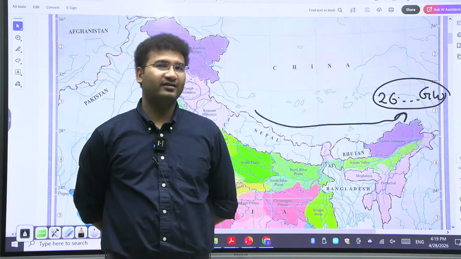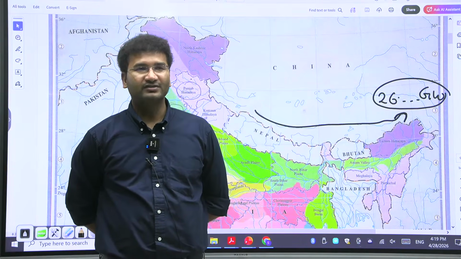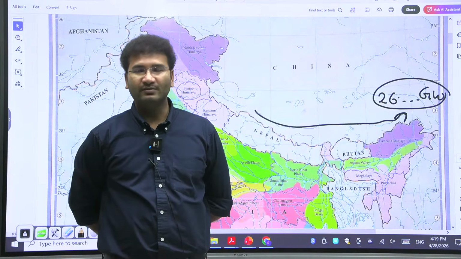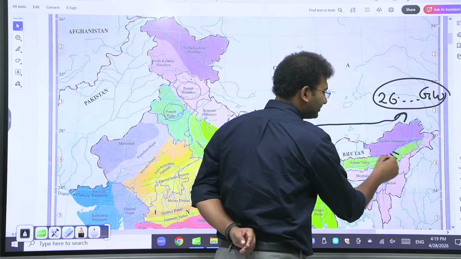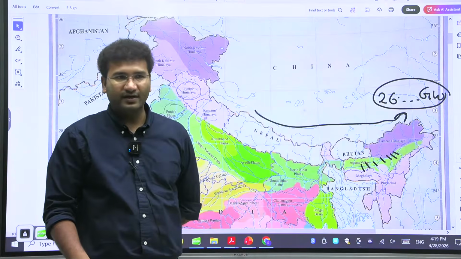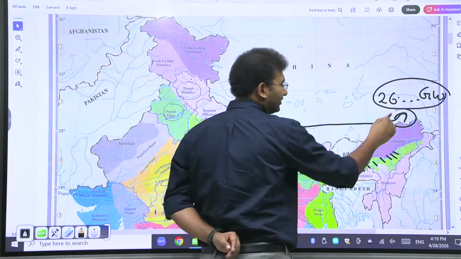Such a great power project it is building, and India objected to it. Why? Because water stoppage will be there, they'll use the water, treated water will be sent, and India has its own projects here. The flow will be impacted, right? So India has objected to this, but China does not listen.